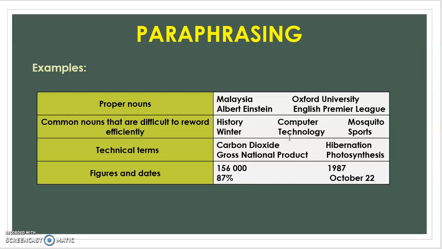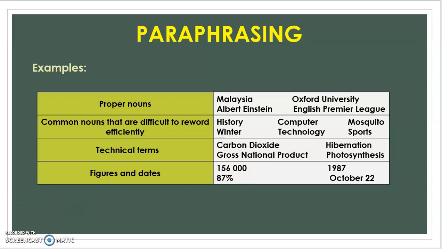It is considered as a shared language. And then shared language also includes technical terms like carbon dioxide, or a specific concept like gross national domestic. Okay, and also figures and dates. It is something that you cannot change, therefore it should remain the same.